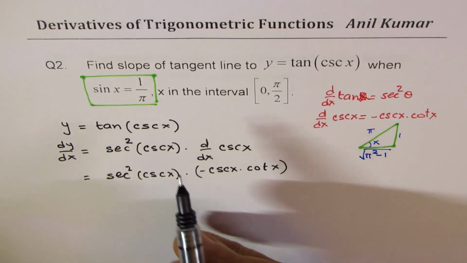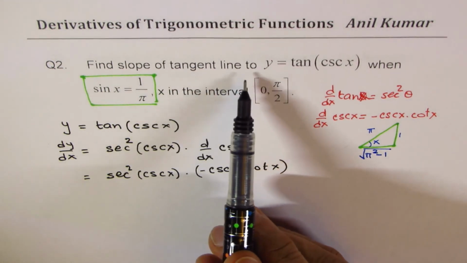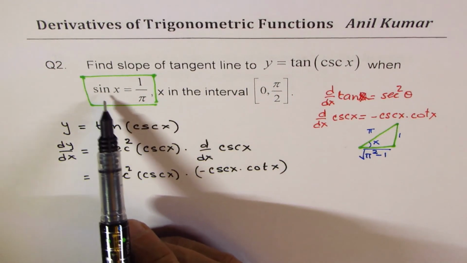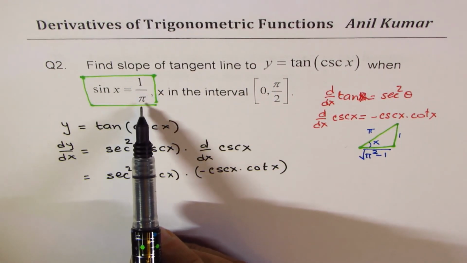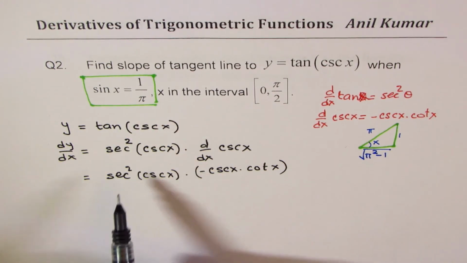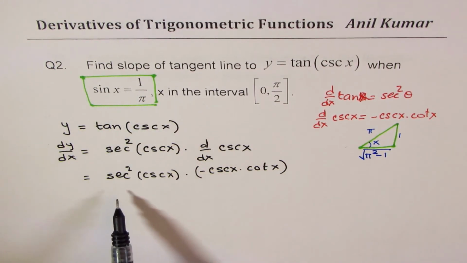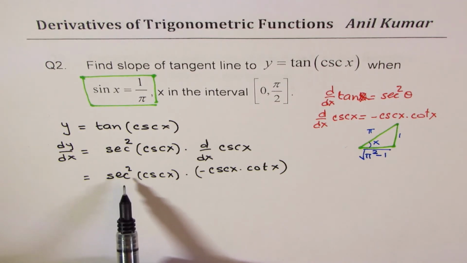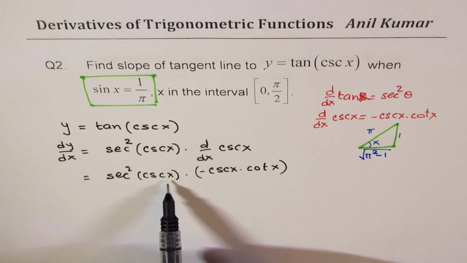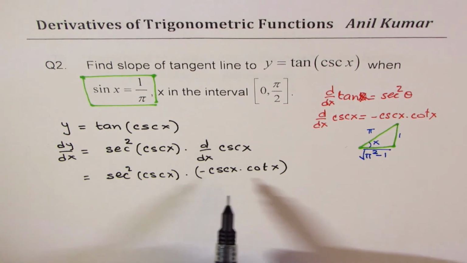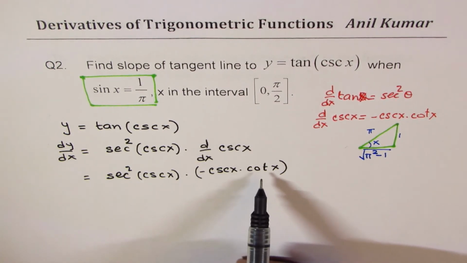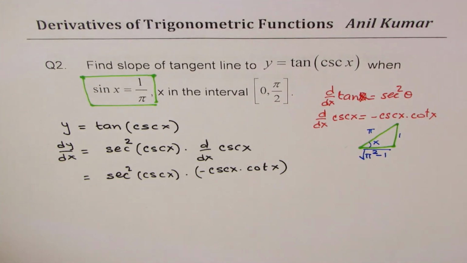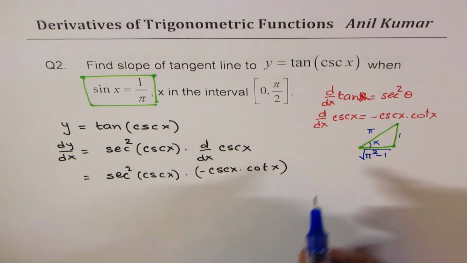And since you have to find the slope of the tangent line when sin x equals 1 over pi, that means if sin x is 1 over pi, then what is secant square x? You have to check this out. What is cosecant x? That you have to write down. All these values you have to fill in, correct? So let's find these values one by one. Let's begin with cosecant x.